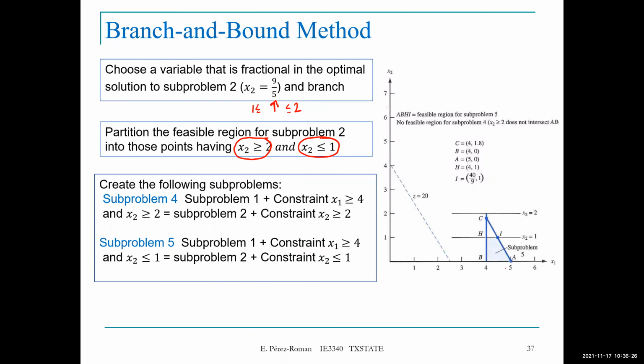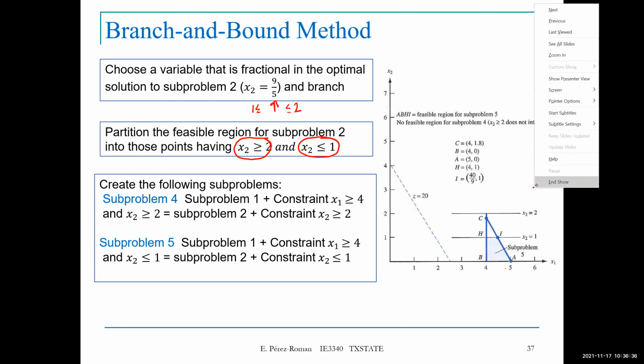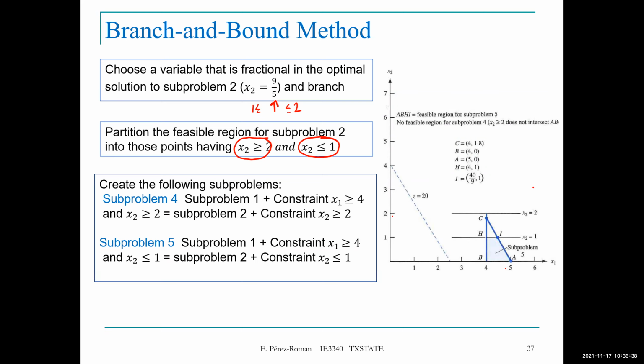So if we just focus on this subproblem number 2, and we add this constraint, so the constraints that we are adding now are in terms of x2, right? So this is the first constraint. And this is the second constraint.